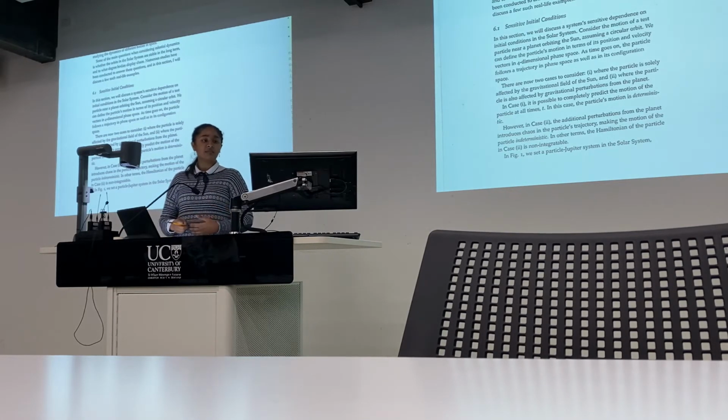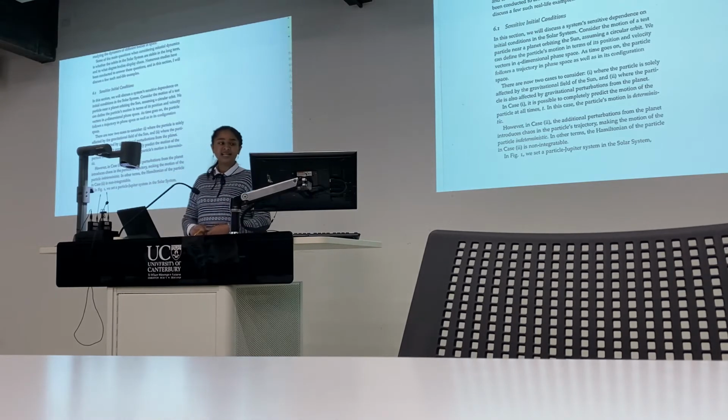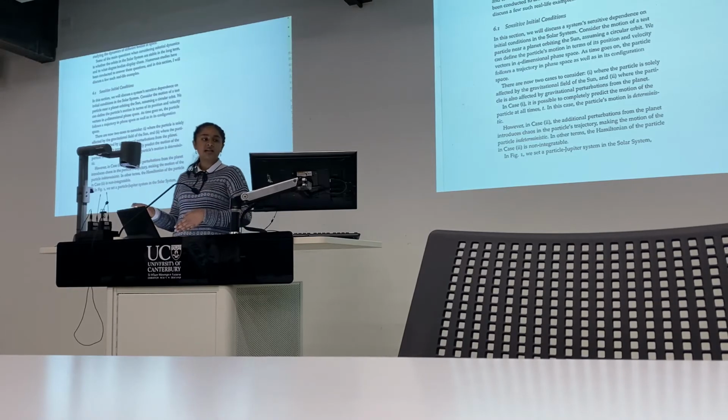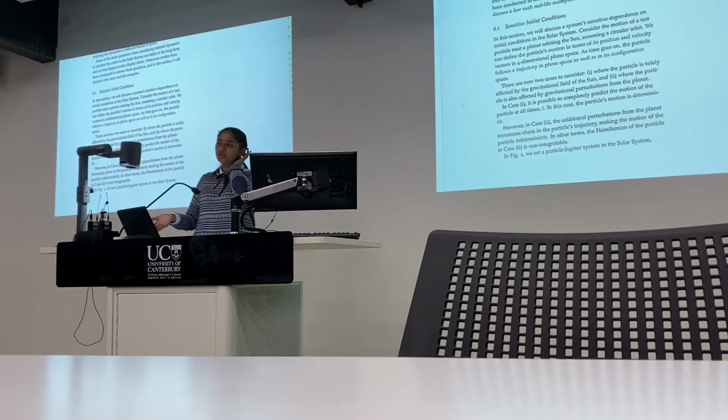And in that case, the particle's motion, we say, is deterministic. But in the second case, because of the extra perturbations from the planet, that induces chaos in the trajectory of the particle, which means that the motion of the particle becomes indeterministic. Or, in other words, the Hamiltonian, in that case, is non-integrable. We can't solve this problem exactly.